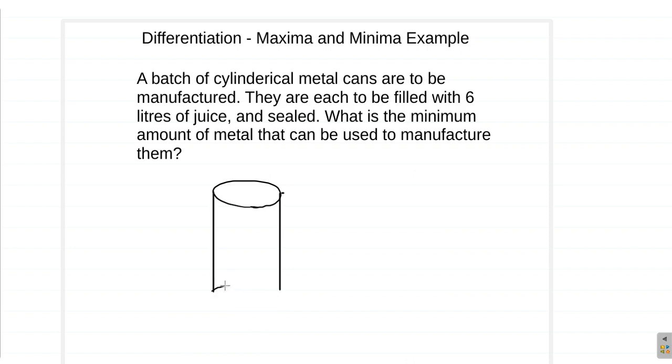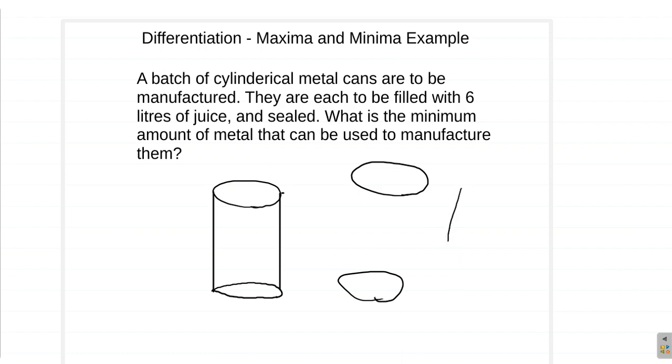Let me redraw this part of it. Well, still not perfect, but anyway, you get the idea. So we have to make 3 main parts and fit them together. There's the top, there's the bottom, and the side.